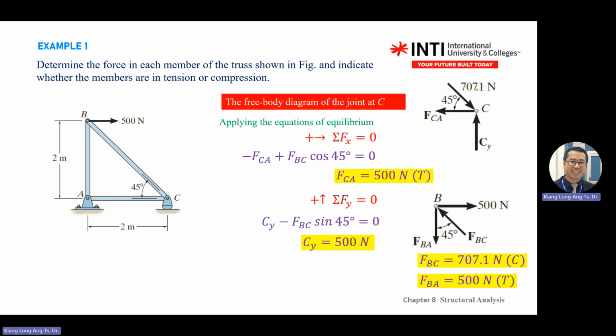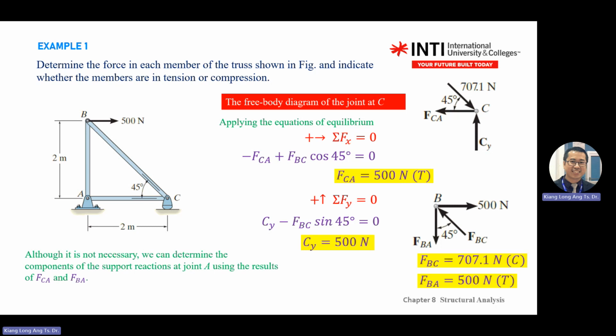What is C? C is a connector. Connector is only a device. So it's not a member. It cannot elongate, it cannot compress. So don't go and add C and T for the reaction force. There's no C or T reaction force at the connector there.